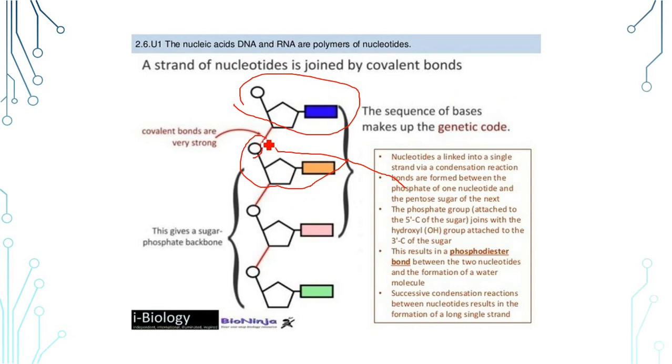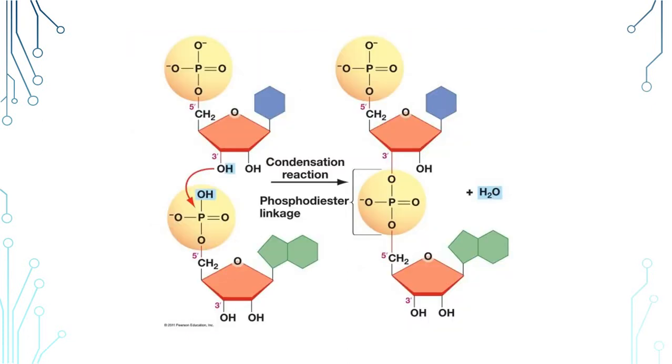We know that this is one nucleotide and this is another nucleotide, and the bond formed between the two nucleotides with a phosphate molecule is called a phosphodiester bond.